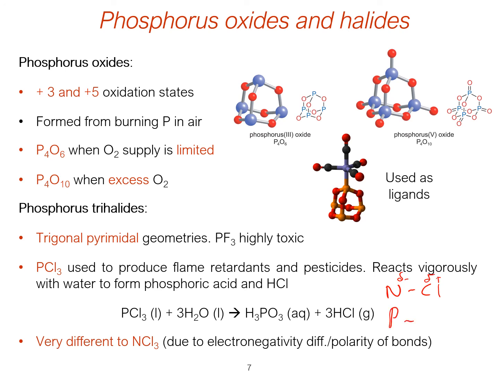Whereas in a PCl bond, the phosphorus has a lower electronegativity than the chlorine. So this time it's the chlorine with the delta minus and the phosphorus with the delta plus. So this means the way these two things will react with a variety of reactants will be different because of what part is reacting with what part of the other reactant.